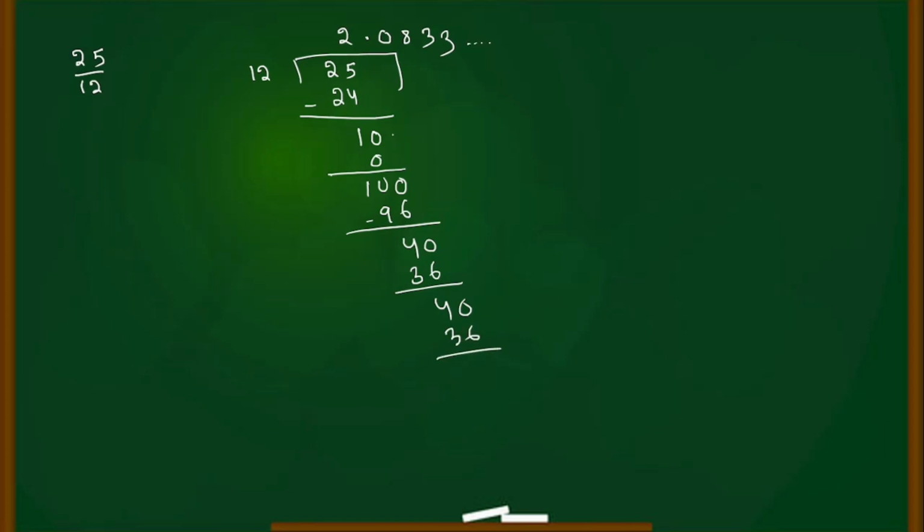Then you can write the answer, 25 by 12 is equal to 2.0833 dot dot dot, meaning 3 will be repeated, yes or no. That's why you can also write 2.08, and which digit is repeated? Only 3 is repeated, that's why write it only once, then a bar. Okay, if 83 were repeated, that is 83 83 83, then 83 over bar.